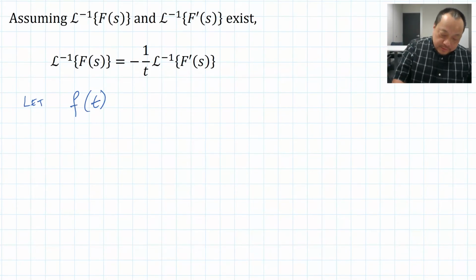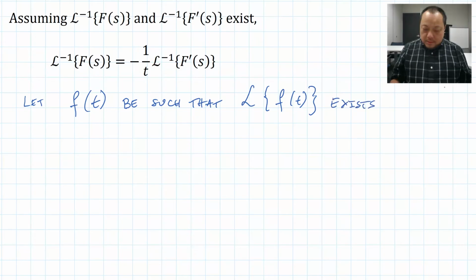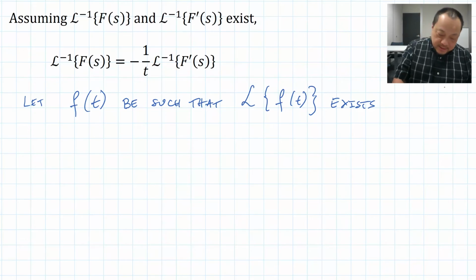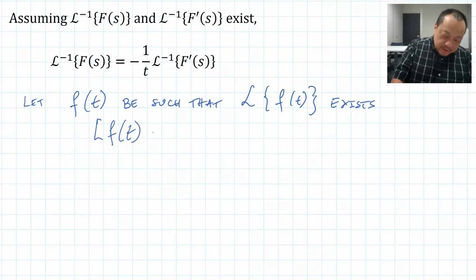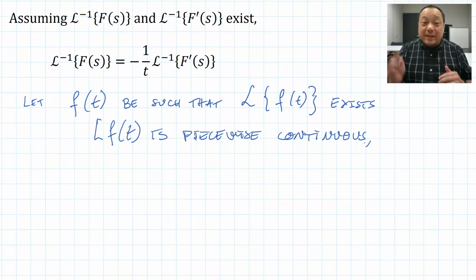So let little f of t be such that the Laplace transform of it, first of all, exists. And as a reminder, I'm going to write down the conditions for the Laplace transform of f to exist, and that is that f of t is piecewise continuous and f is of exponential order, meaning it doesn't grow faster than every exponential function.